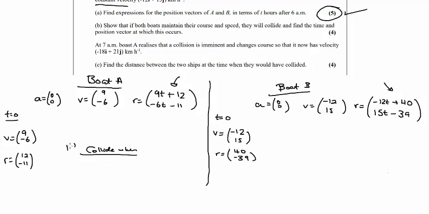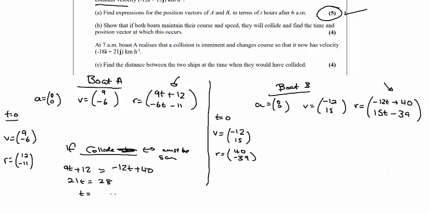If they collide, the horizontal position must be the same. It's like they must be on the same x axis or y axis. So let's find out when that happens. That'll be when 9t plus 12 equals minus 12t plus 40. If we rearrange that, I get 21t equals 28.